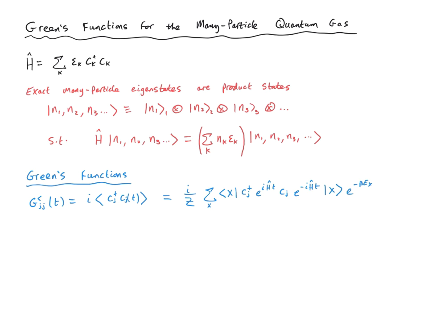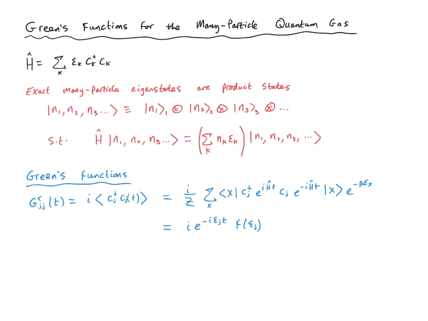Indeed, given that we have a ket x here and a bra x on this side, the only thing that's changing by this string of operators is what's happening on the jth orbital. Everything else remains unchanged.